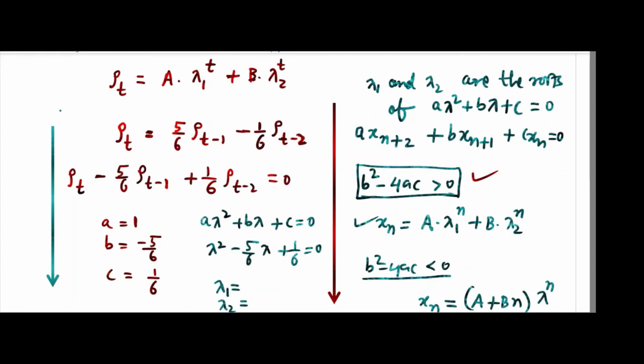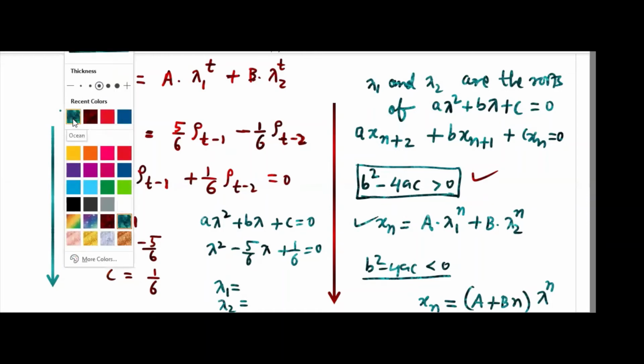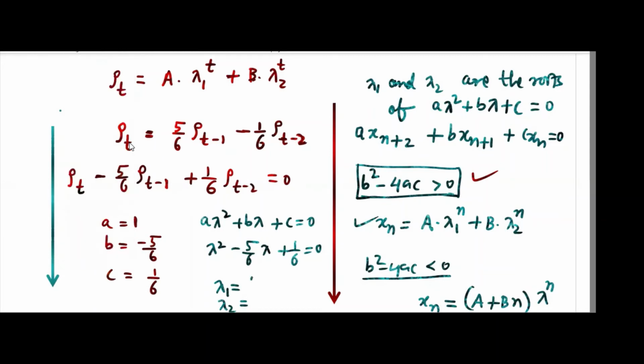Lambda square, if you put one value, 6 lambda square minus 5 lambda plus 1 is equal to 0. So normally we get 1 upon 2 and 1 upon 3, that's all. It doesn't matter if you interchange also.